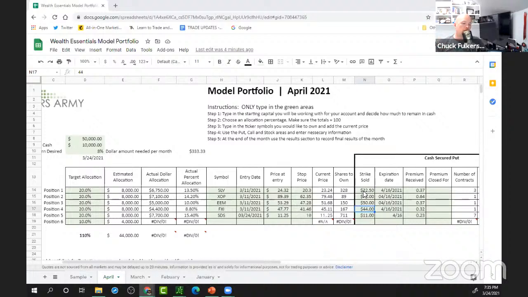So Ariel says, Chuck, what about buying a put on SDS? Now remember this is an inverse position. So if you buy a put on SDS, how does SDS lose value? Very good. Sorry, buying a call. You very well could.